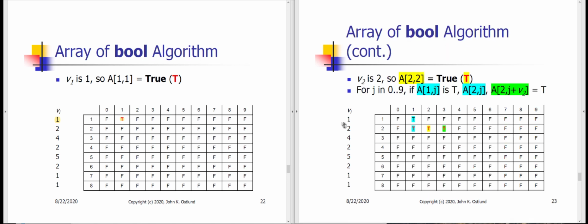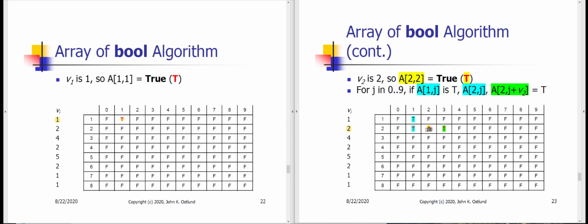Then, if we now consider the next multiset item value of 2, well, without using the 2, we were able to achieve 1, so clearly we can still achieve 1. If we could do it without the 2, then we can still do it with the 2.